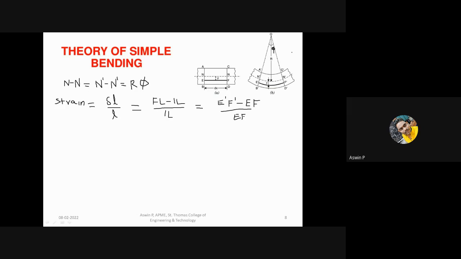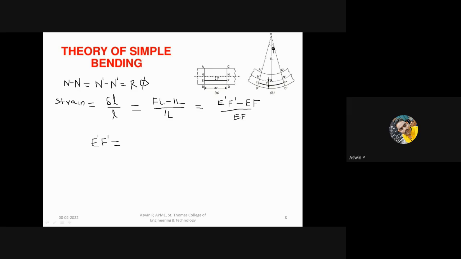And when you are taking the values, looking at this figure, EF is equal to NN. Same, right? There is no difference. EF equal to NN. But here there is a change: there will be a small increase, that is E dash F dash. What will be E dash F dash? If n dash n dash is found by the relation R into phi, similarly you can find the relation for E dash F dash.